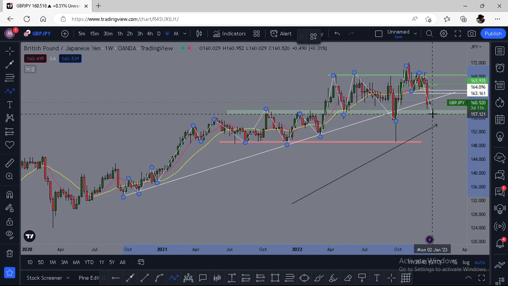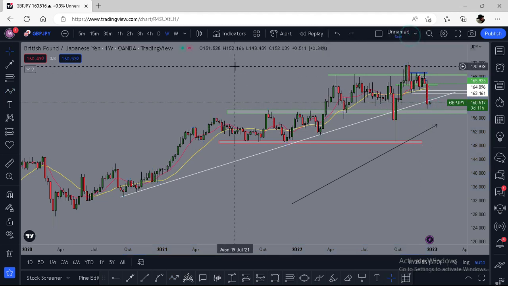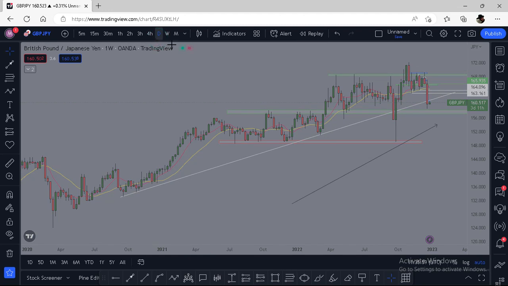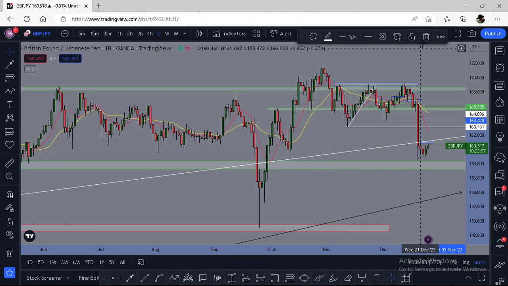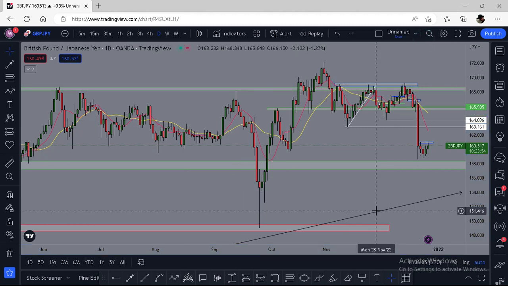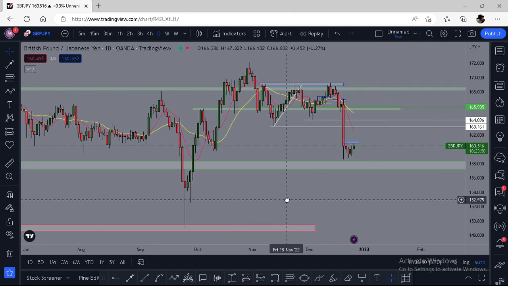That's all for now here on the weekly time frame. So I'm going to move to smaller time frames and move that trend line and this arrow.